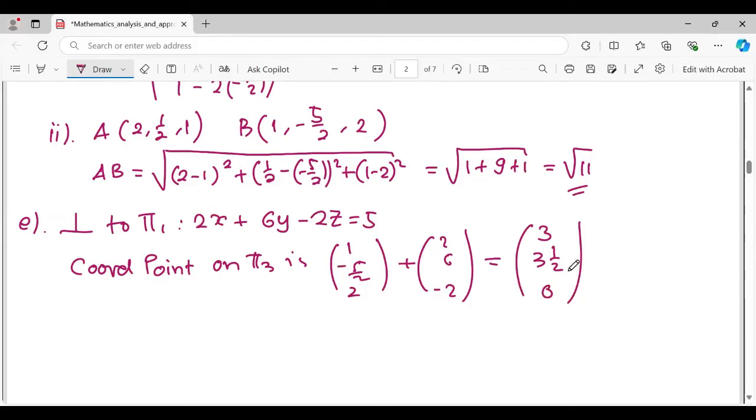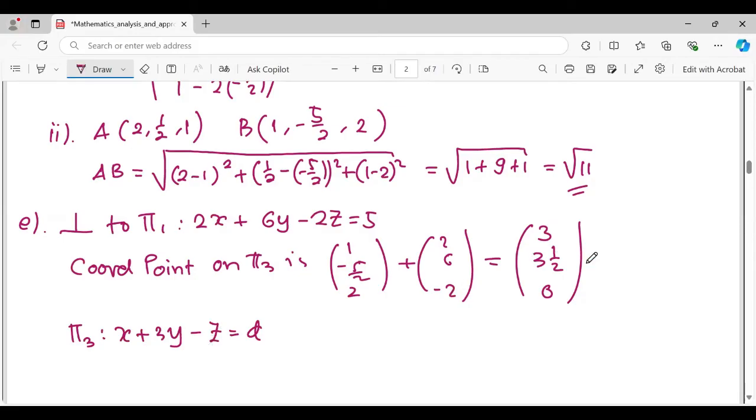Now, these values of x, y, z, this coordinate point, substitute into plane pi 3: x plus 3y minus z equals d. Coefficient of x is 1, coefficient of y is 3, coefficient of z equals minus 1.